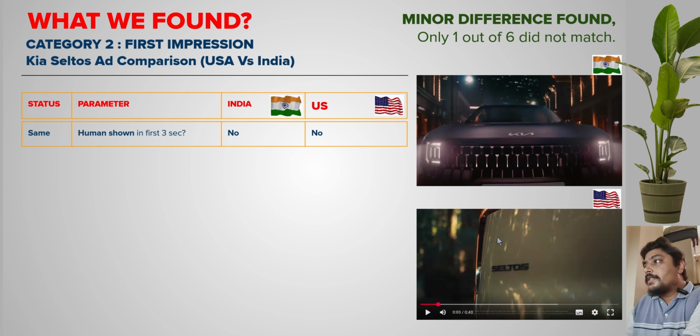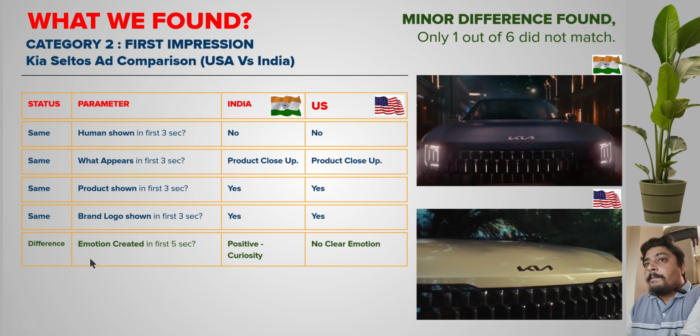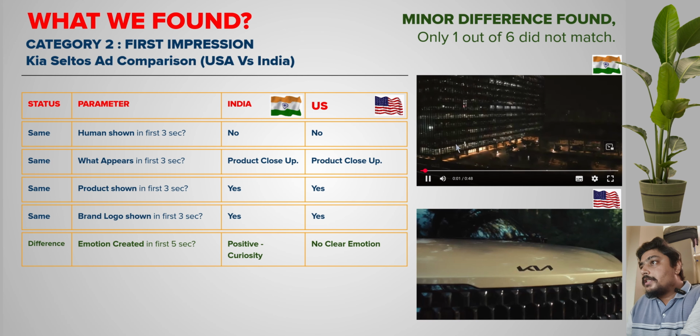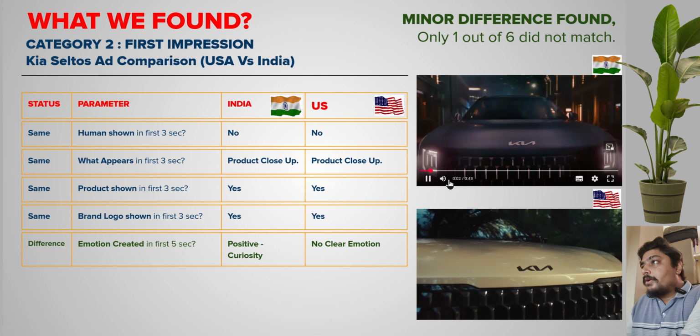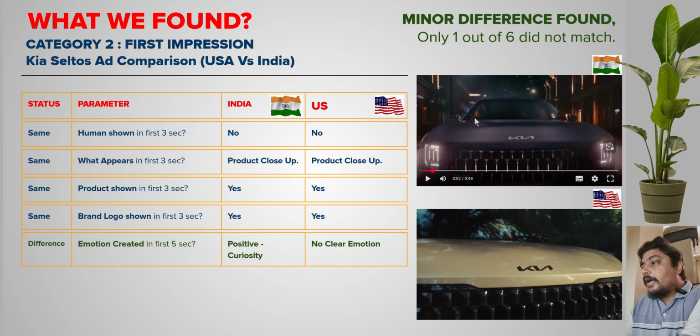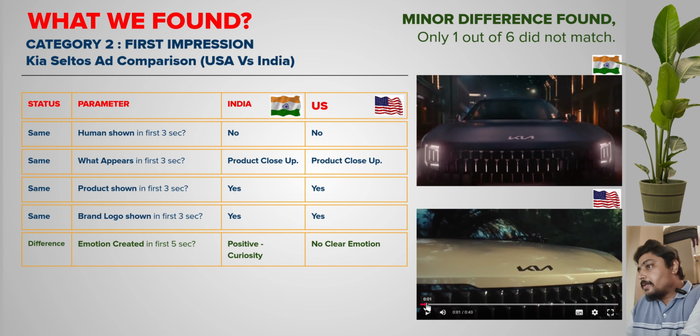Now what is the difference? The difference we found in both the ads, in the case of first impression, was emotion created. What kind of emotion was created in the first 5 seconds? After watching both the ads, when you see this close shot, it shows that curiosity was developing in the Indian advertising in the initial few seconds.